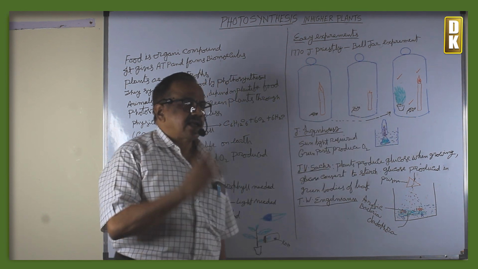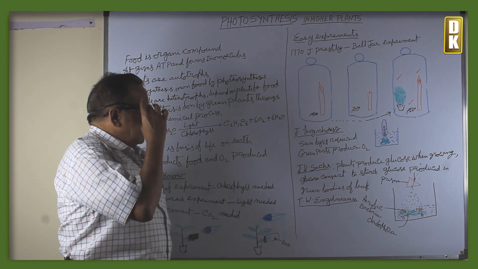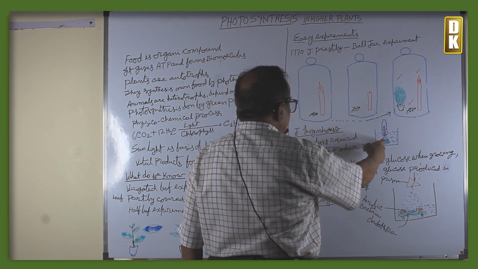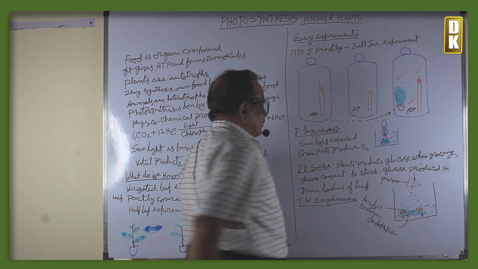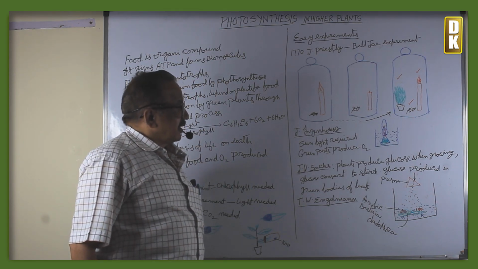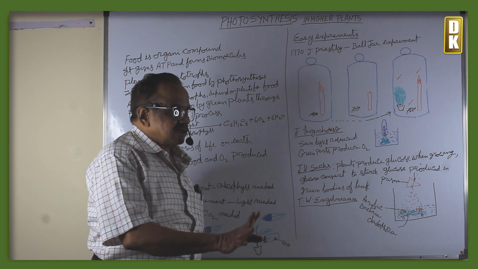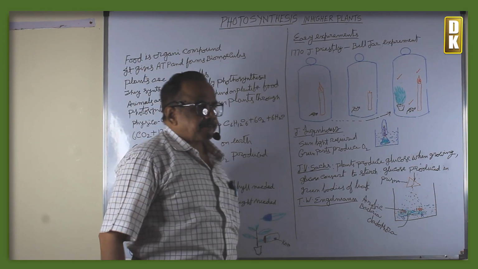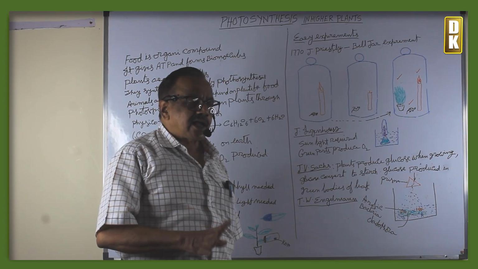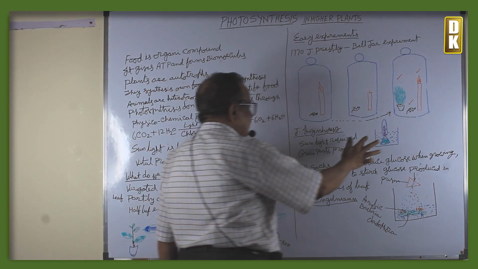He kept this set in the sunlight and observed bubbles coming out, produced by the aquatic plant. The bubbles come only in the presence of sunlight; without sunlight they do not come. So something is happening in the sunlight that produces bubbles.